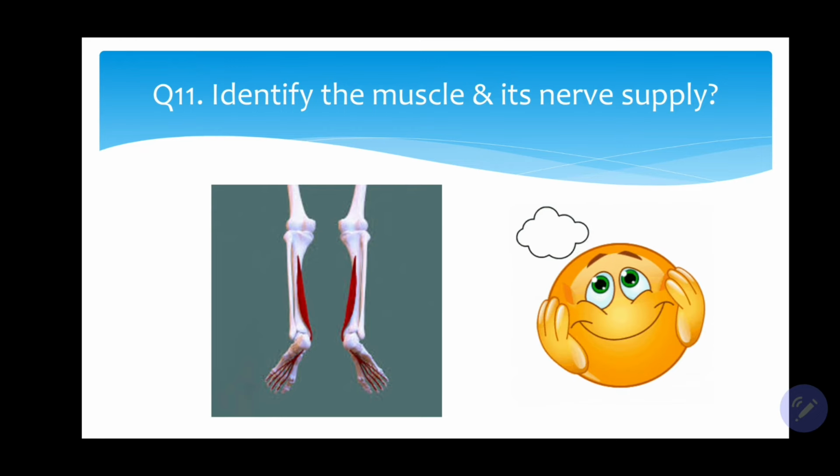And along with all this, it also helps to maintain the medial longitudinal arch of the foot. Got it? So these are a few actions of this muscle, flexor digitorum longus. Nerve supply is tibial nerve. Okay.